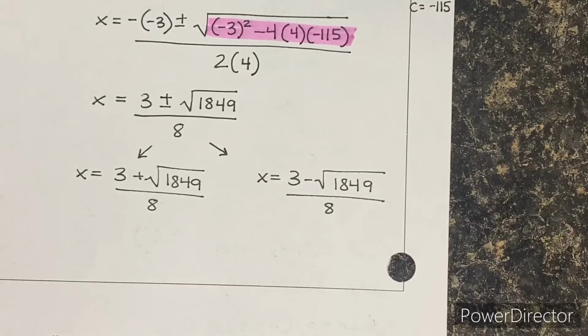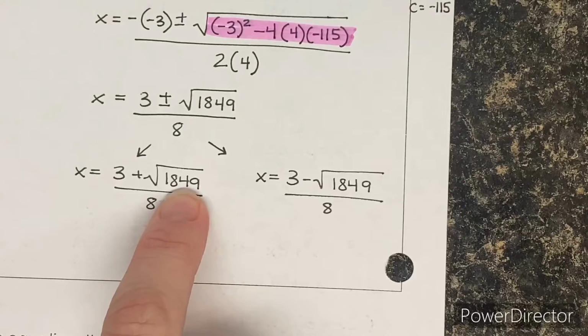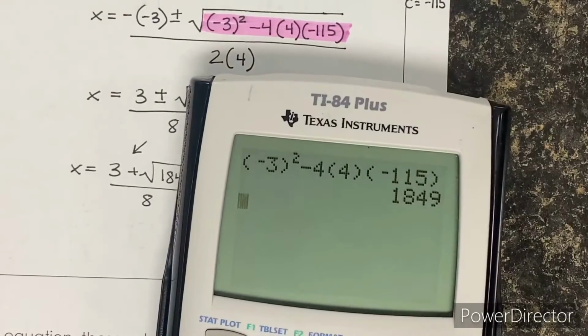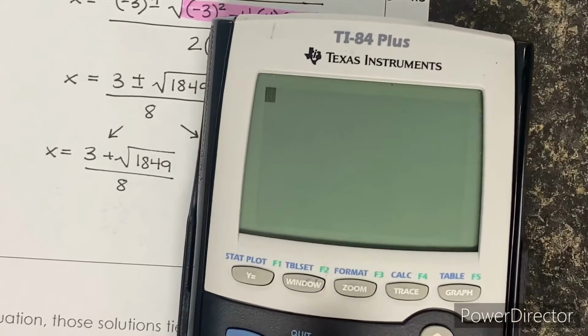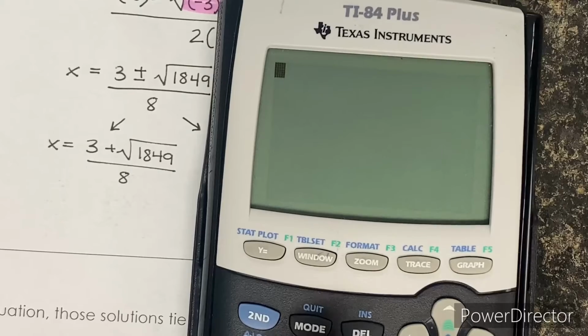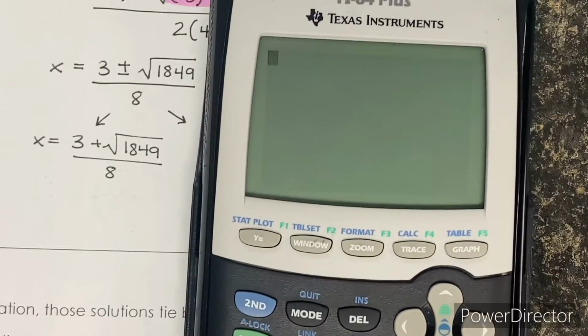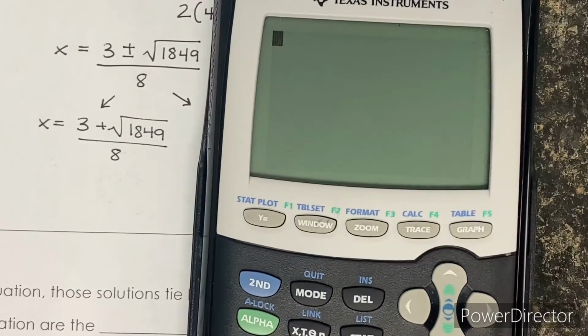Now, I don't know about you, but I do not know what the square root of 1849 is, and I probably will never know that off the top of my head. So that's where the calculator comes back in. Now, in class, I talked to you guys about how to get the fraction on this calculator, the TI-84. As a quick refresher, it's the alpha button, so this green button up here at the top.